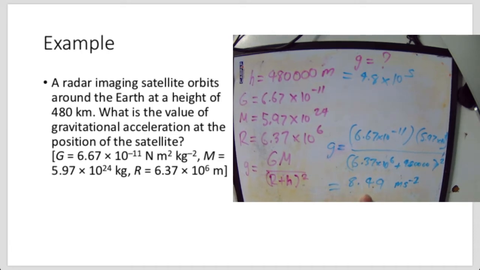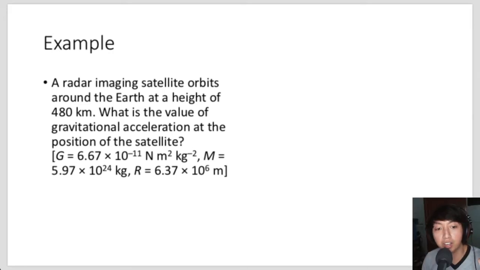The further we get away from Earth, the lower the value of g gets. So we can conclude that the further we get away from the surface of the Earth, the weaker or lower the gravitational acceleration. That is a concept that you need to remember.